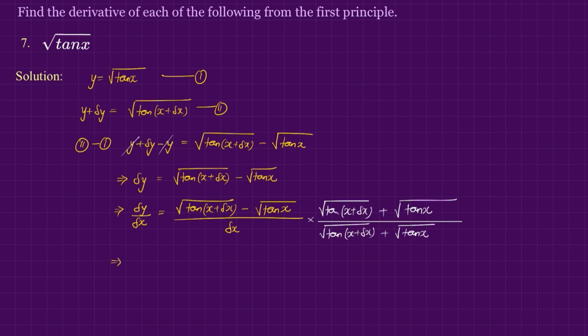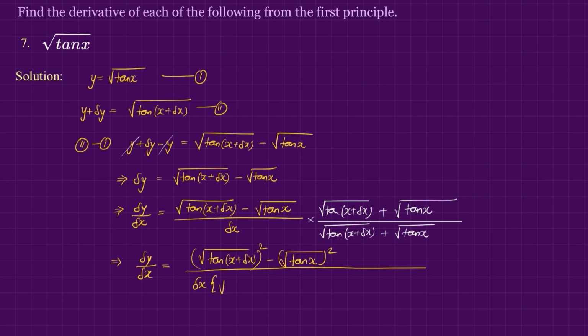So it will be delta y over delta x equals root over tan of x plus delta x whole square minus root over tan of x whole square, whole divided by delta x times root over tan of x plus delta x plus root over tan x.